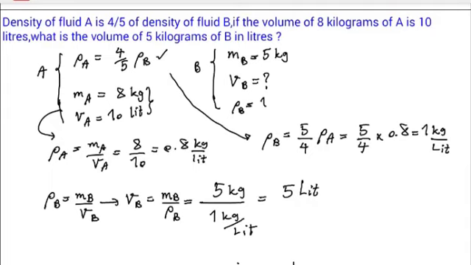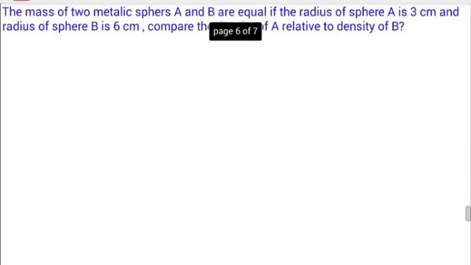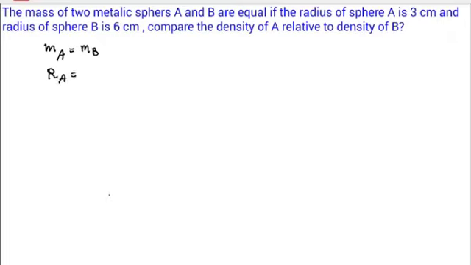Okay, pay attention to the last problem. The masses of two metallic spheres A and B are equal. If the radius of sphere A is 3 centimeters and the radius of sphere B is 6 centimeters, compare the density of A relative to the density of B. So if we first write the primary conditions, it is telling that M of A is equal to M of B. And radius of A, which we write as R of A, is equal to 3 centimeters.